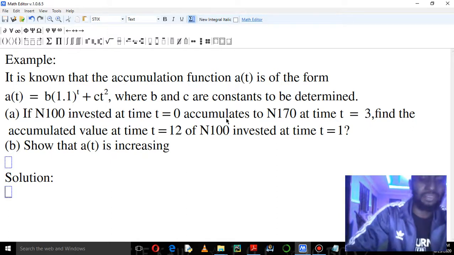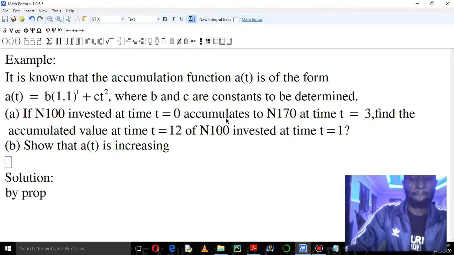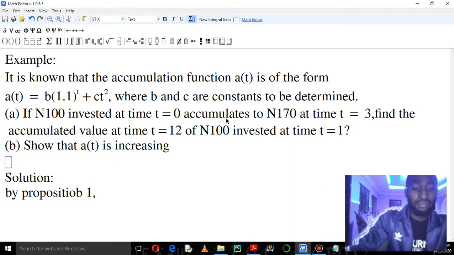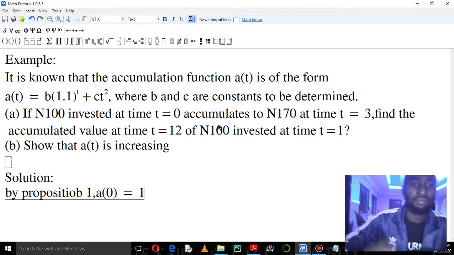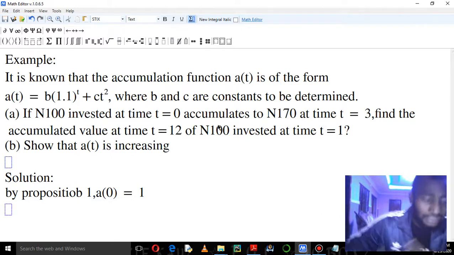By proposition 1, we said a of 0 is always equal to 1. Go and check the video.